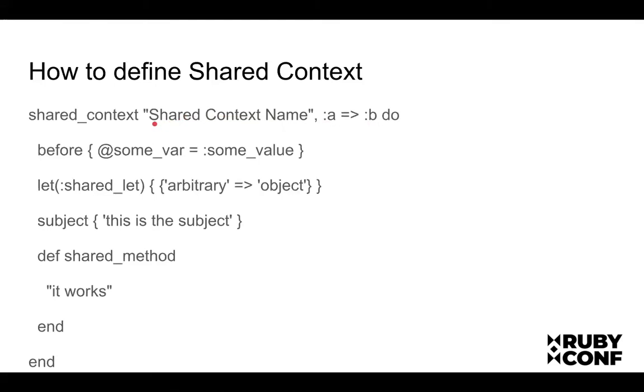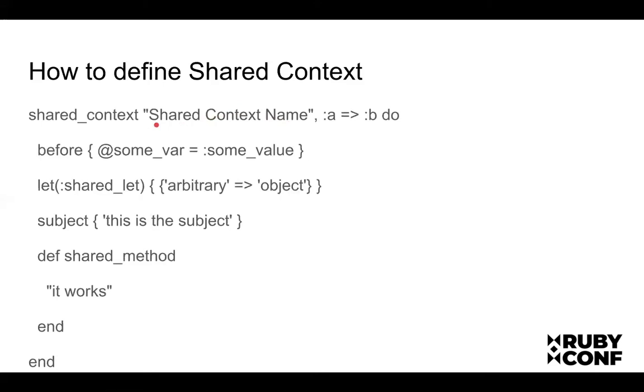The name of this context can be products shared context or user shared context, whatever we want, for whatever object we want the attributes to be created, we will name that. The metadata is also important, because these two are the things which can be used to access or include this shared context in a spec.